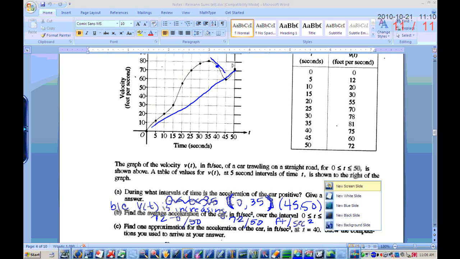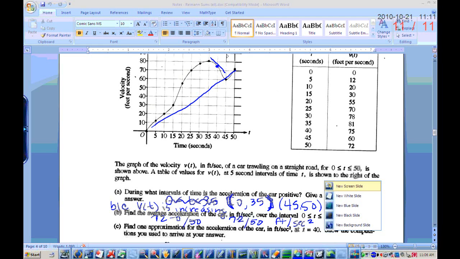Well, they want you to use known data points to approximate the slope. So does anybody have any idea how I could approximate that slope with known data points up there? Okay, I could find the slope between 35 and 45 because 40 is right smack dab in the middle. There are actually three acceptable answers. One of them is to find the slope between 35 and 40.